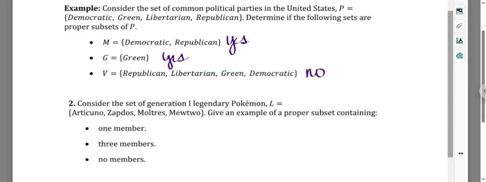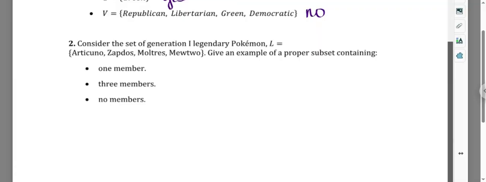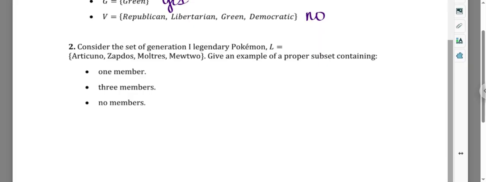So give an example of a proper subset containing 1 member, 3 members, or no members. For one member, you can list any one of the four.